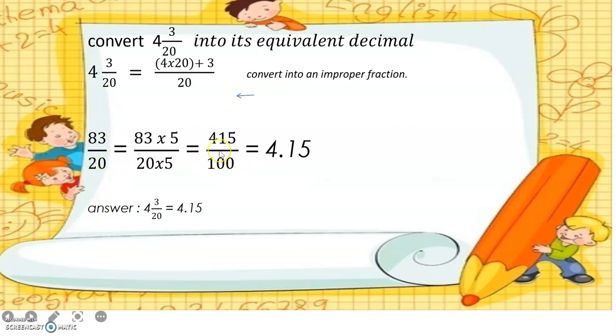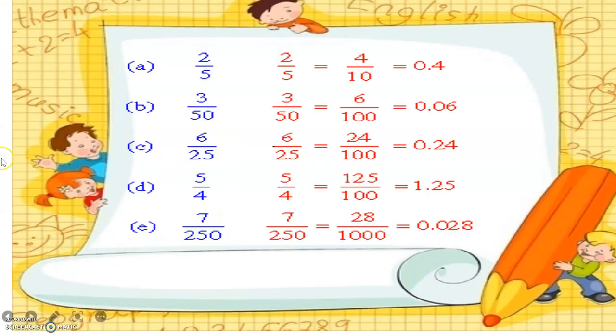So to make the denominator 100, multiply by 5. 83 times 5 is 415, and 20 times 5 equals 100. So 415 over 100. 100 has 2 decimal places, so it equals 4.15. The answer is 4.15.